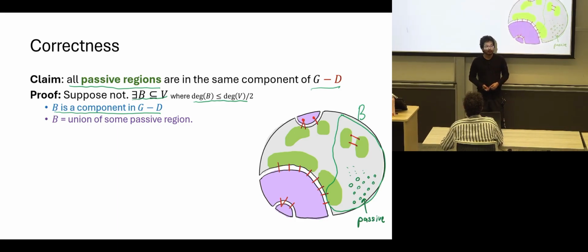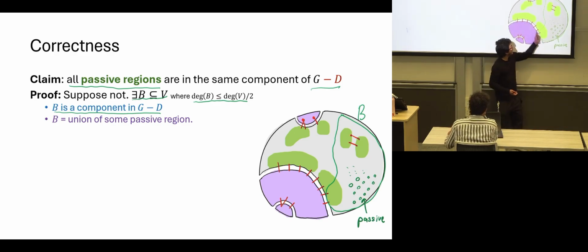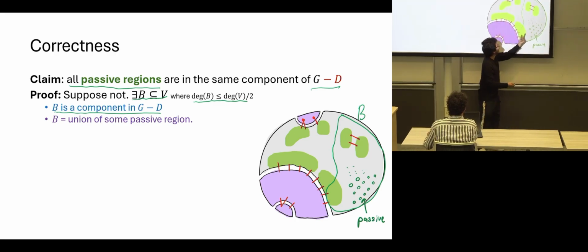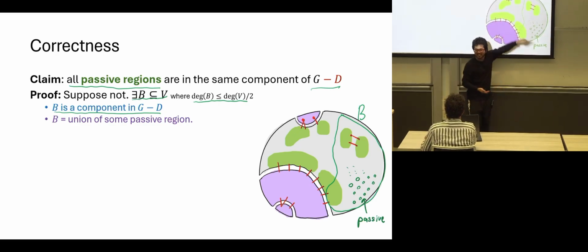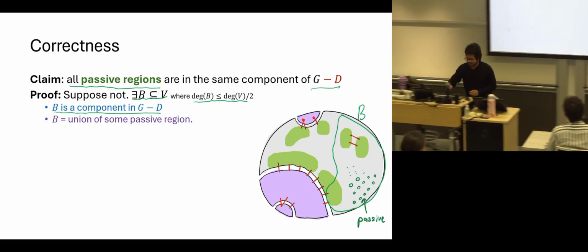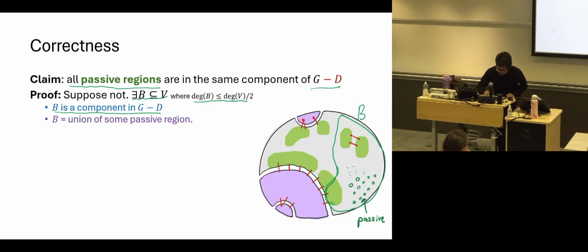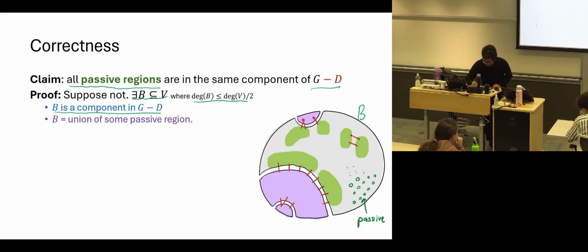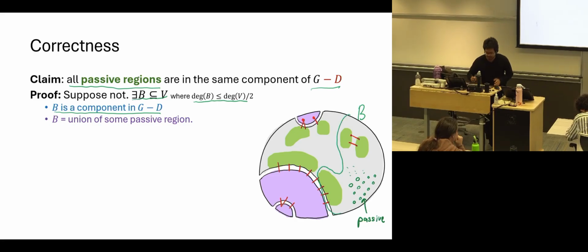Yeah, passive regions are created by merging neighbors. Exactly. The passive region is connected, because you merged the neighbors. So a connected component cannot cross it, and it must respect the regions.